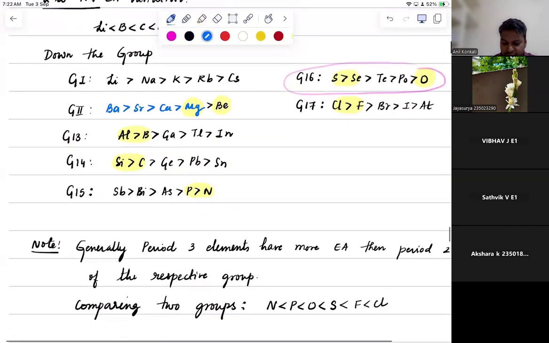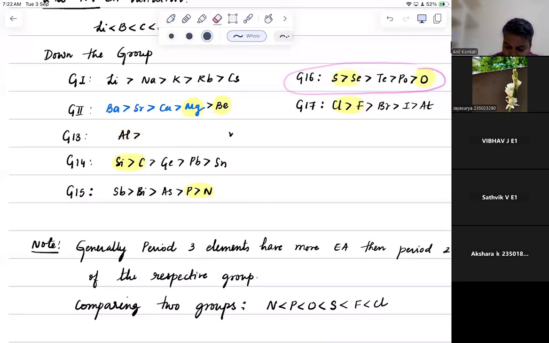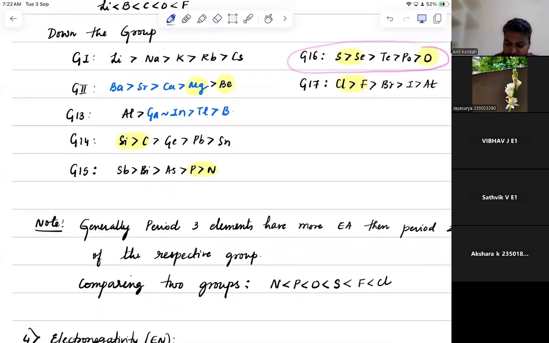Next, if you notice group 13, we have aluminum greater than boron, which is slightly different here. Gallium will be slightly higher, and boron will be less. So, aluminum, then comes gallium, almost same as indium, then thallium, then boron. Okay, this will be the order.